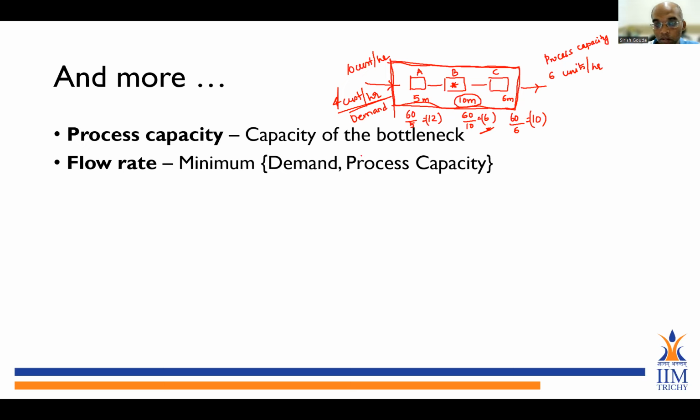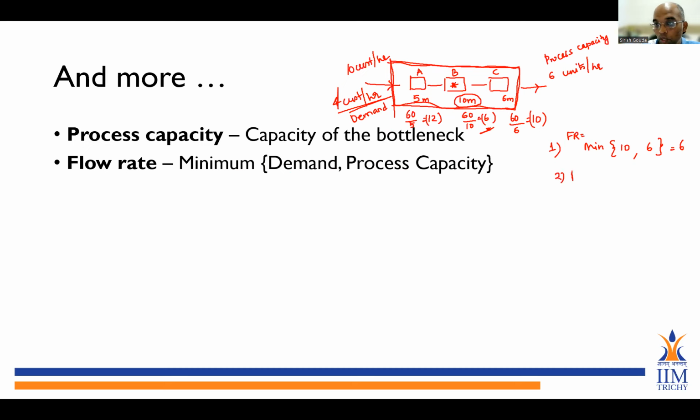So if you look at this definition, that is, flow rate is the minimum of demand comma process capacity, you will get the answer correctly. Now let's take both the situations. The first situation had the demand being 10 and the process capacity being 6. So the minimum of 10 and 6 is 6, which is what our flow rate is.